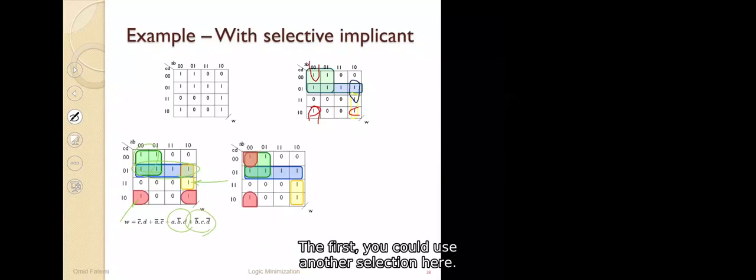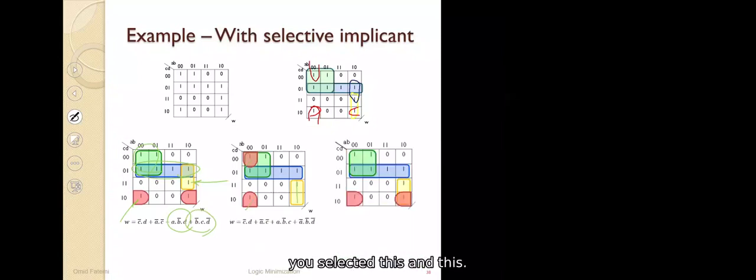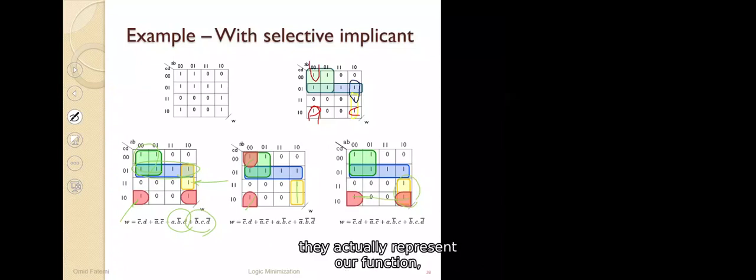You could use another selection. Here we selected this and this. That's okay. In the next one, you selected this and this. So that's another selection, which will come up to this function. So all of these 3 functions actually represent our function, represent this Karnaugh map, but with different choices.